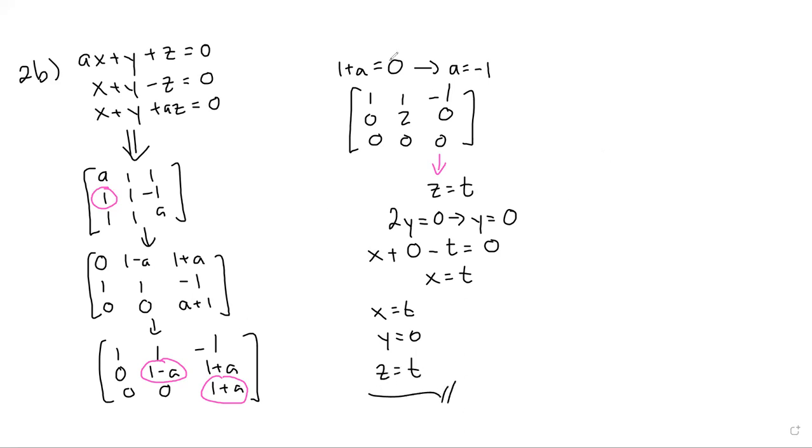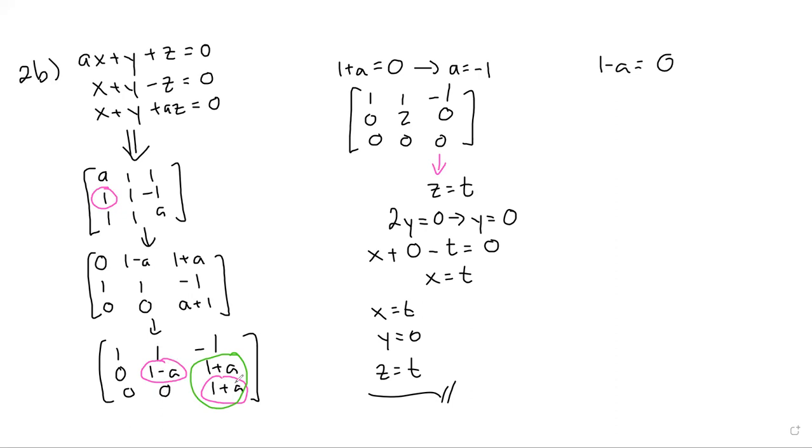So now if I look at the other leading entry, if I say 1 minus A is 0, then regardless of whether these two things look the same or look different, I would not be able to have a pivot in the second column.